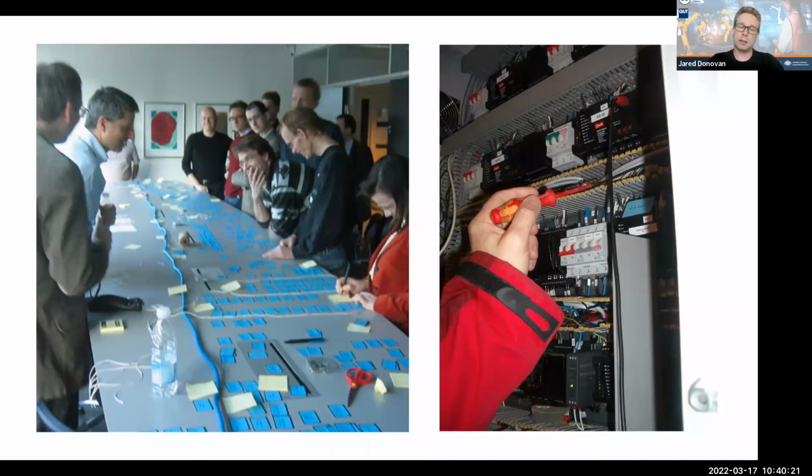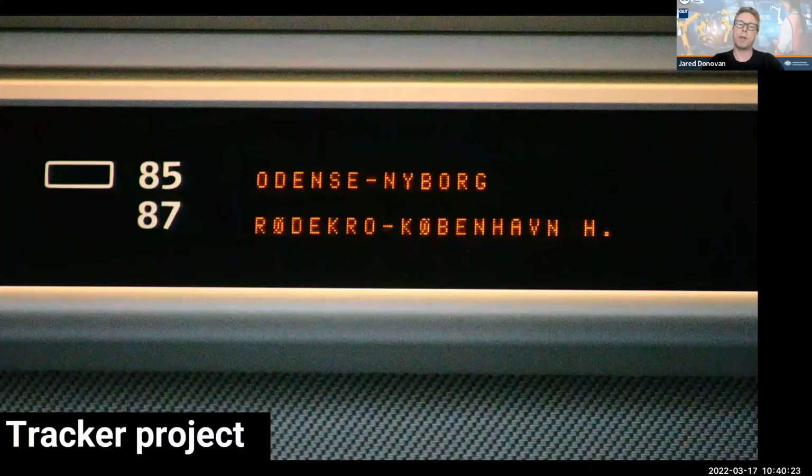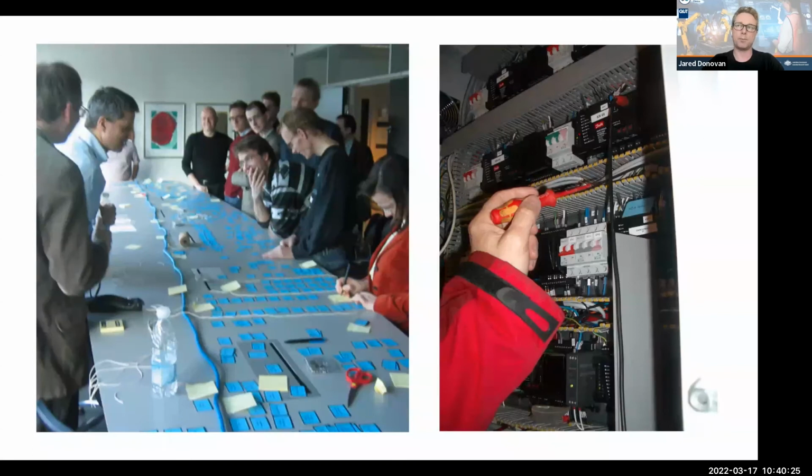On the left, you can see a workshop that we ran with our technical partners from the technical university, where we put all these parameters on the table and asked which ones should be shown to the user. So we were trying to make the innards of this device visible and a part of the design process.